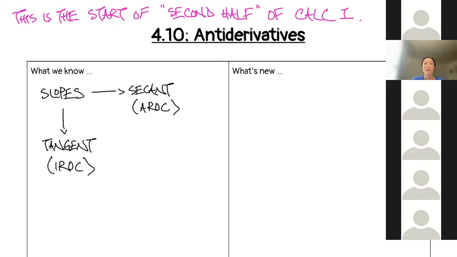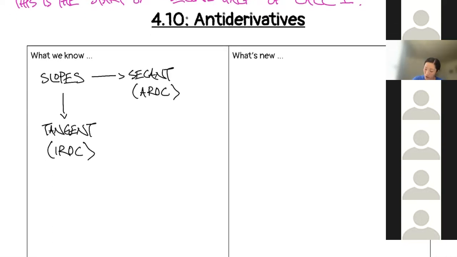Okay. Yeah, and so all of this is to say that when we have instantaneous rates of change, we actually call those derivatives. All right. And in a lot of our thinking, we consider, okay, what happens when things get really close to each other?